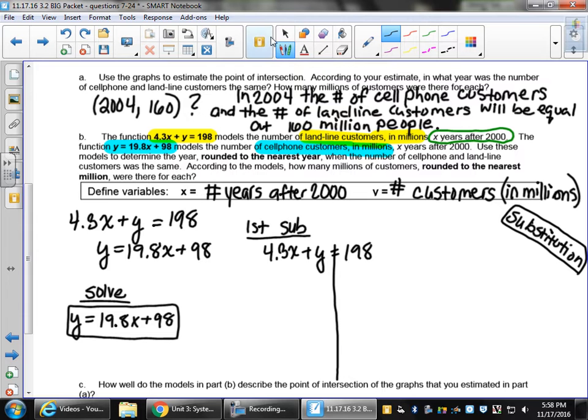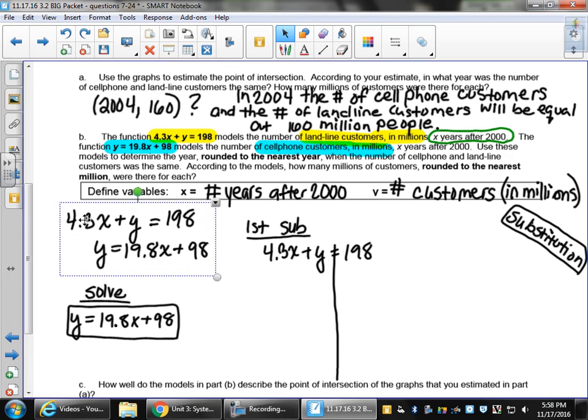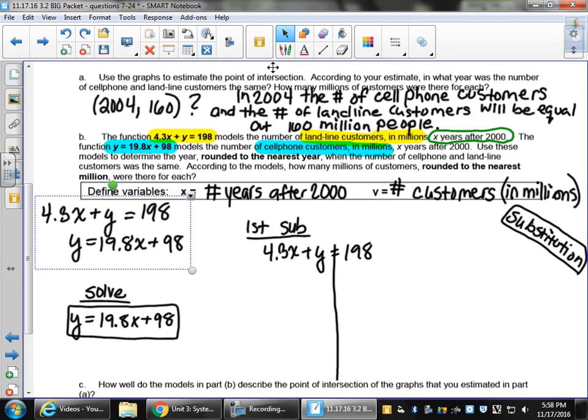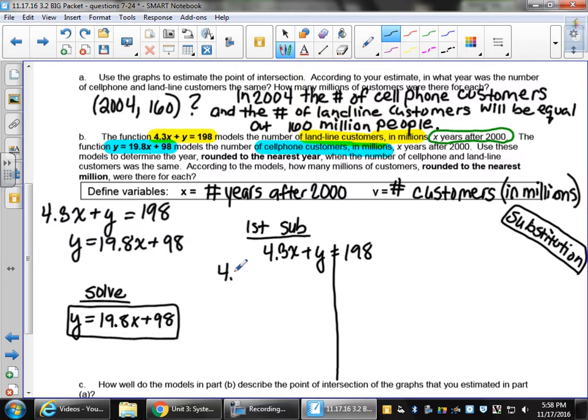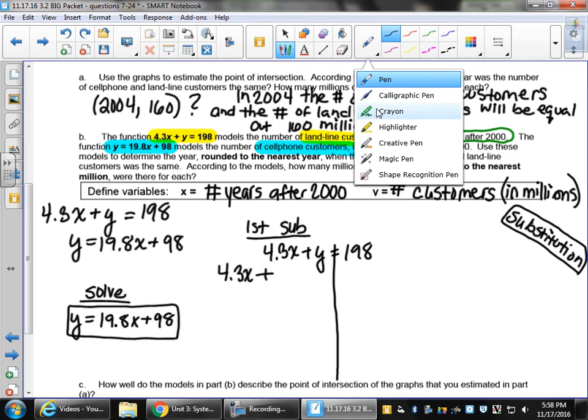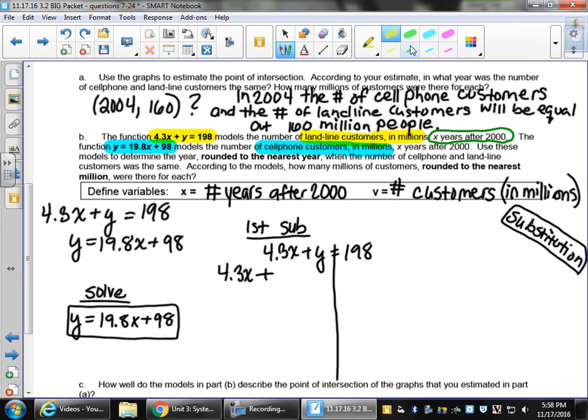Remember that housekeeping piece to this that we talked about when we learned this in the skills review. Move over a little bit so that you have room to substitute in what you've got. And what do you have? Well, notice this says y equals. So I have something to substitute in for y.